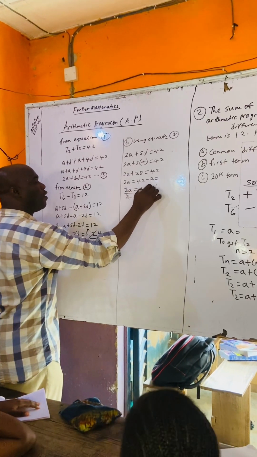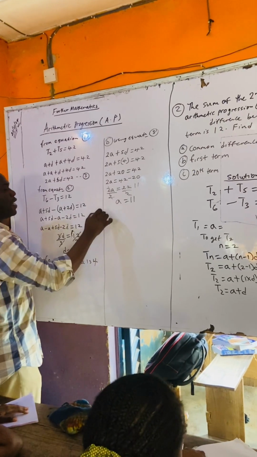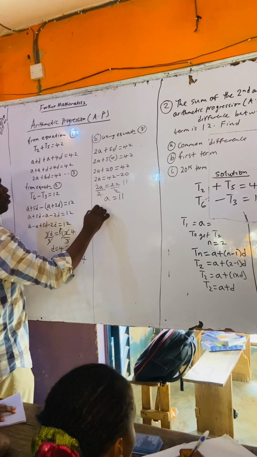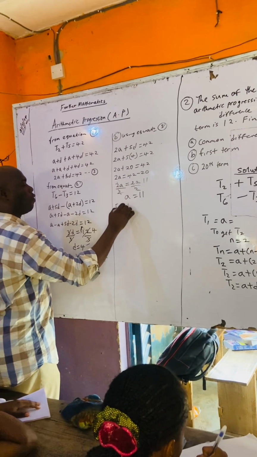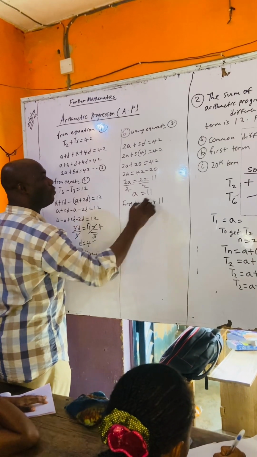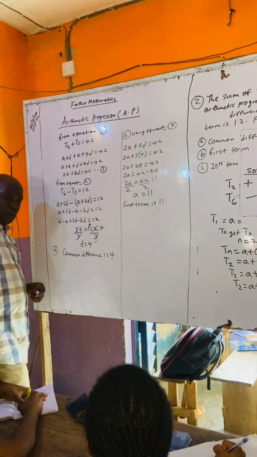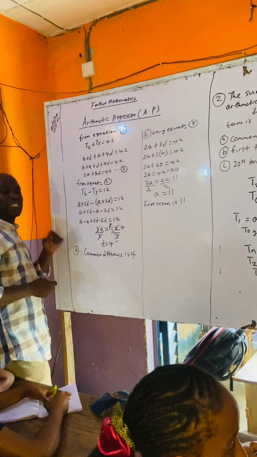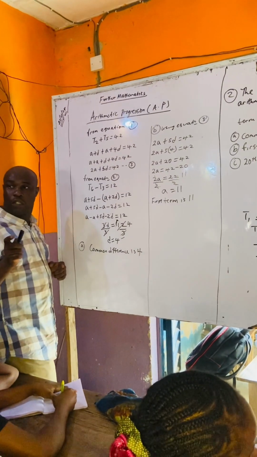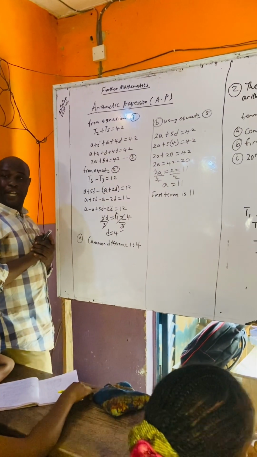We have 11. So a is equal to 11. So meaning first term is 11. So we've answered question B now.